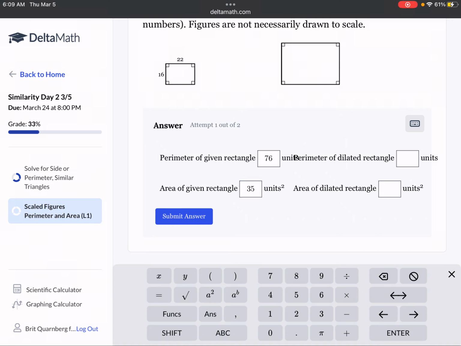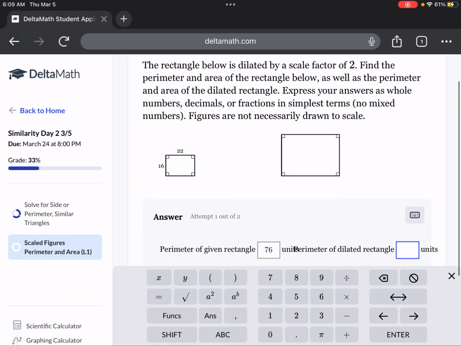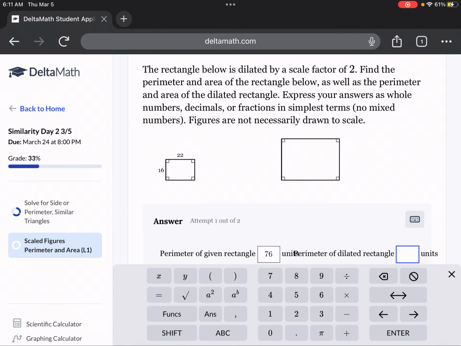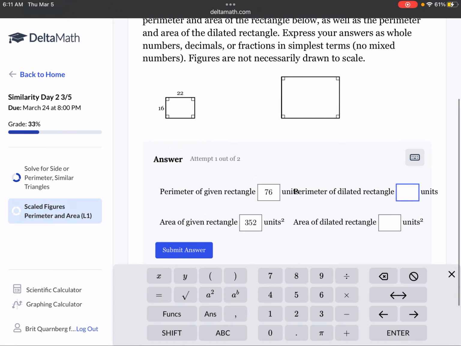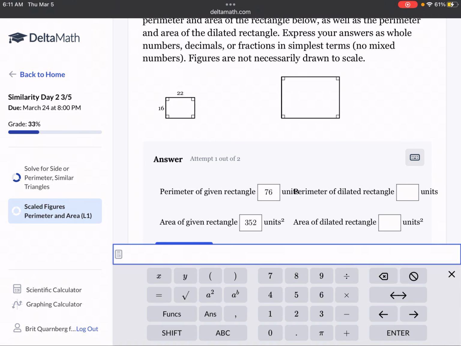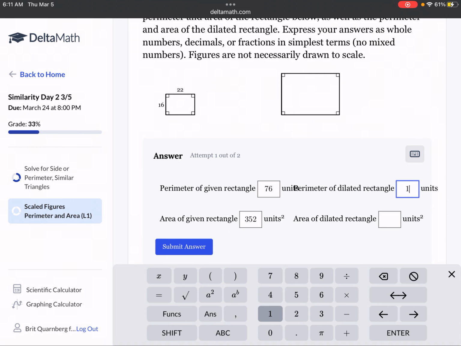And then it tells us here in the problem that it's dilated by a scale factor of 2. So all I have to do to find the dilated perimeter is I'm going to take my 76 and multiply it by the scale factor, which in this case was 2. So the dilated perimeter is 152.